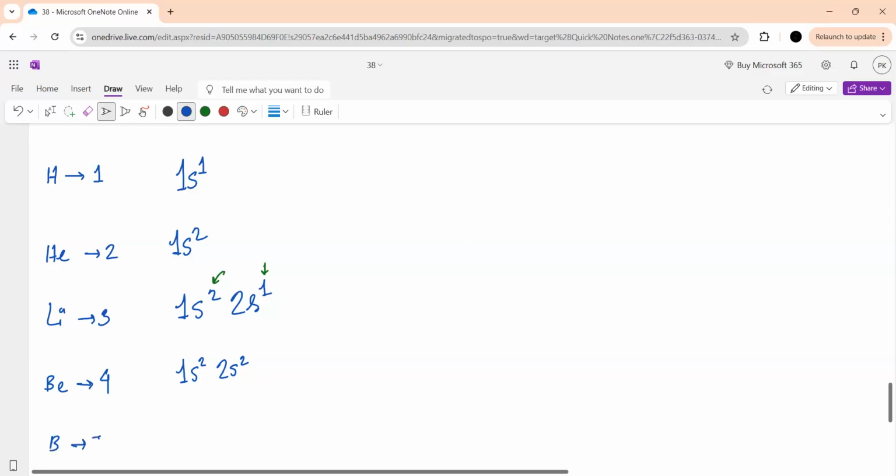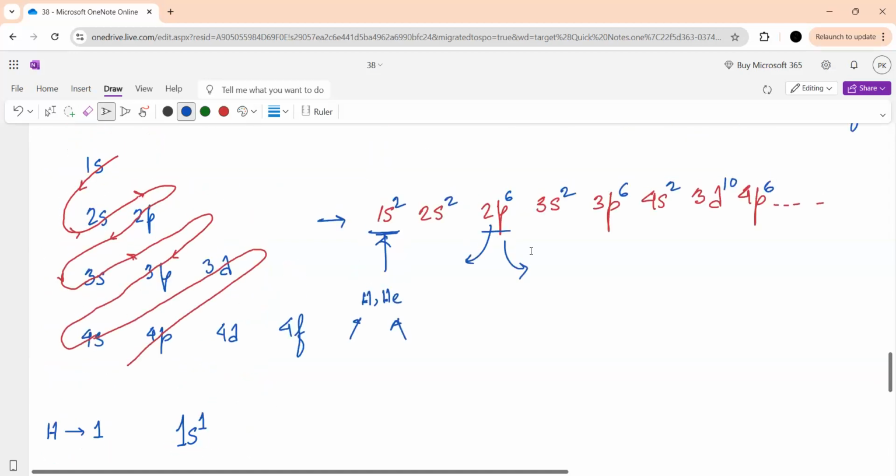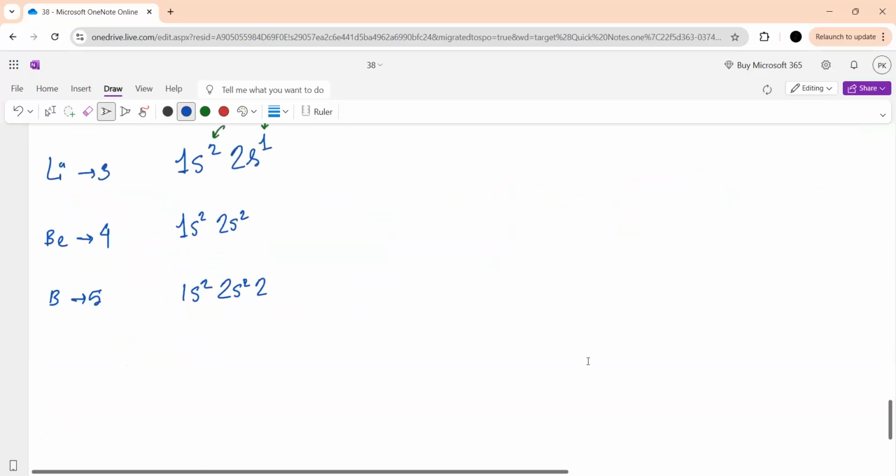Boron is 5. So we will write 1s2, 2s2. Now what comes after 2s? After 2s, we have 2p. So we have 2 plus 2, 4 electrons are done. In total we need 5 electrons, so we will do 2p1.